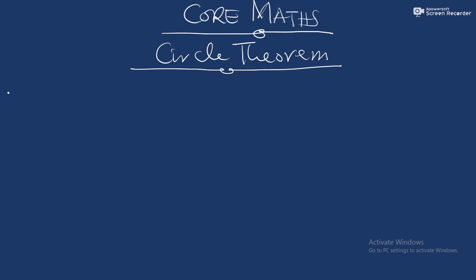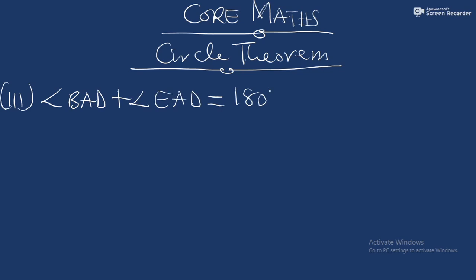Okay, so the last one, that is III. With III also, angle BAD plus angle EAD should be equal to 180 degrees. Okay, so substituting, the angle BAD is Z plus 115 degrees equals 180 degrees.